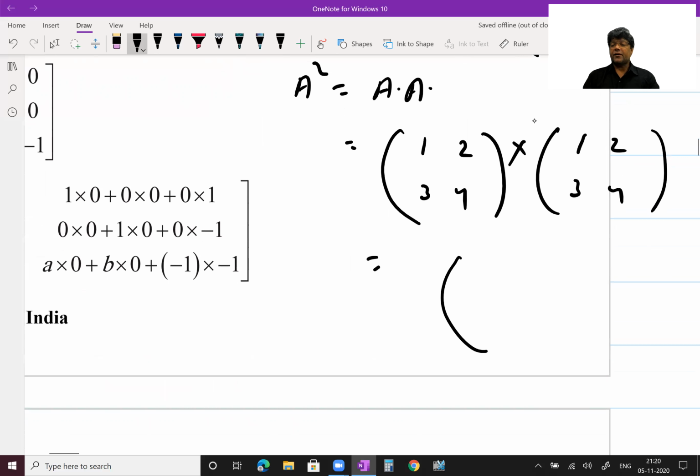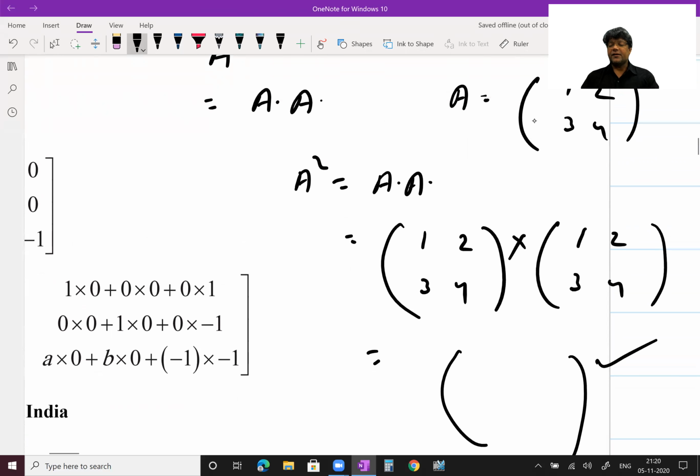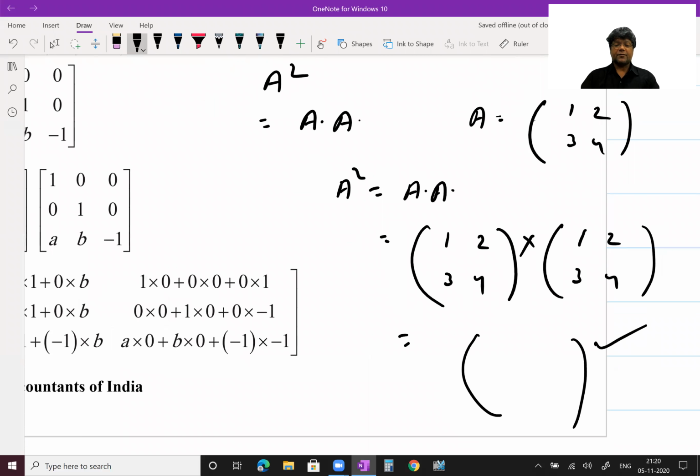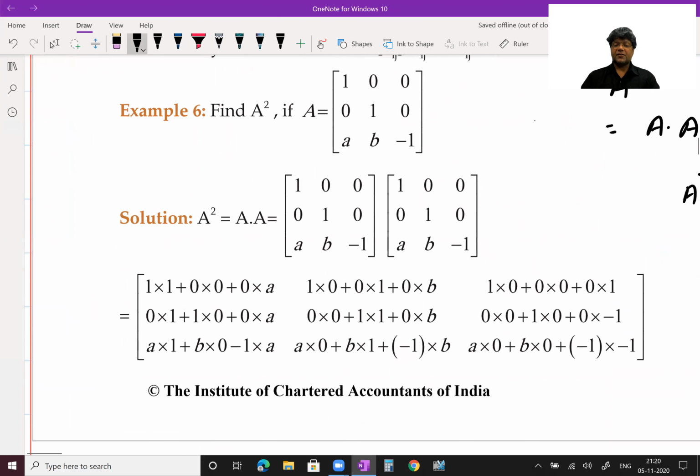Obviously 2 by 2 into 2 by 2, so the result will be 2 by 2. So that will be A square. So that way you'll have to obtain A square.